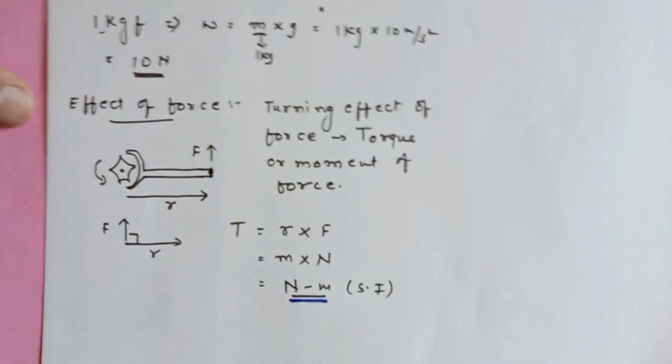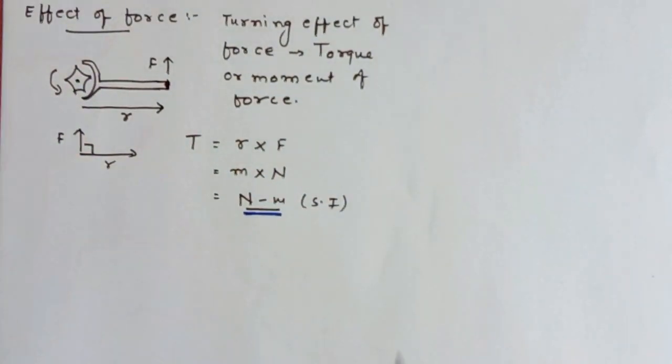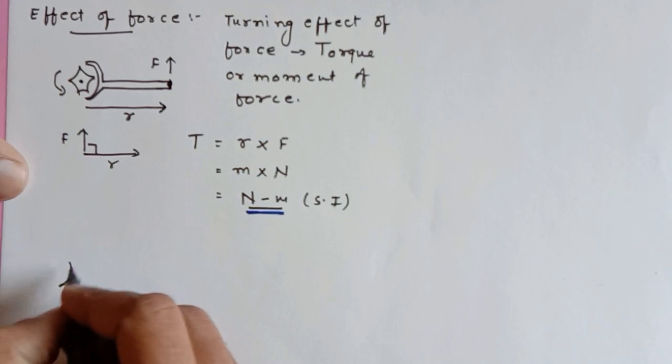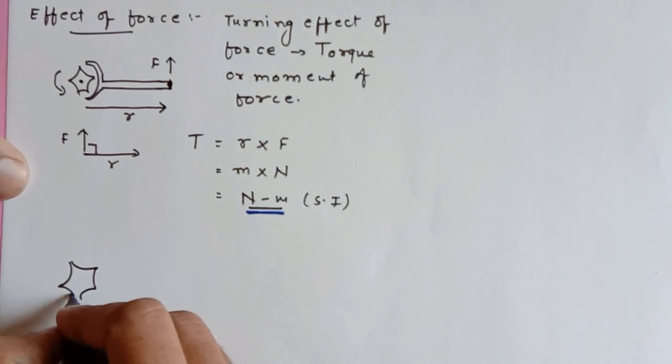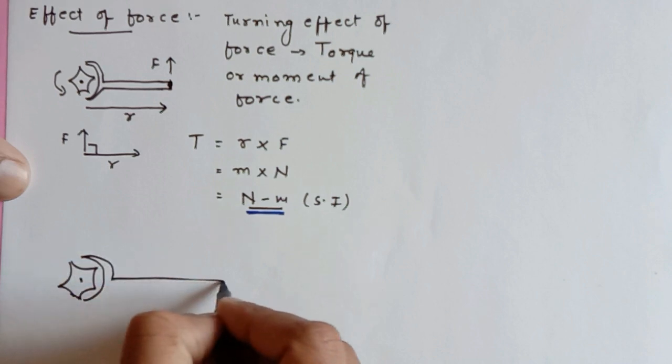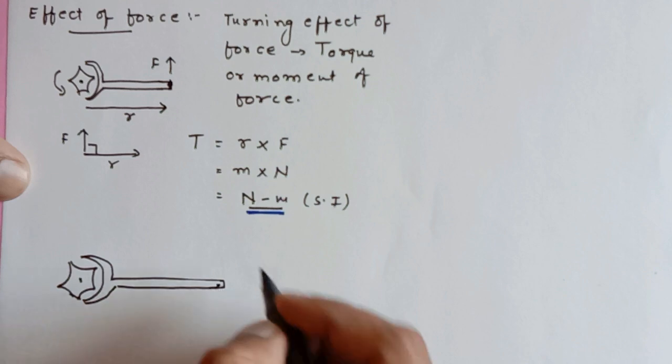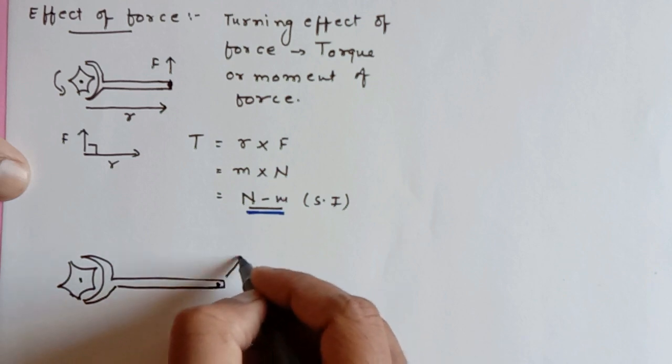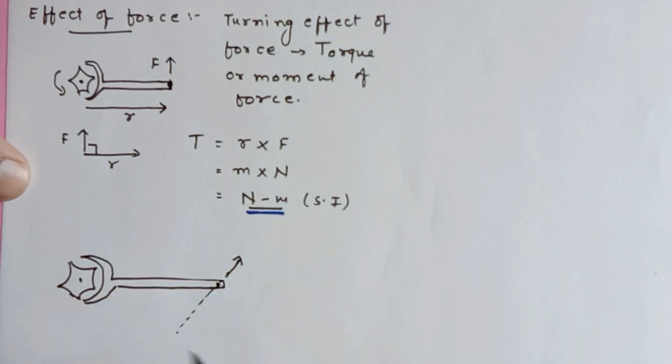But what happens if you have another case, something like this? Suppose this is the spanner, same again over here. Now I am exerting force like this. This is again r from the center of the bolt to the edge of the spanner.